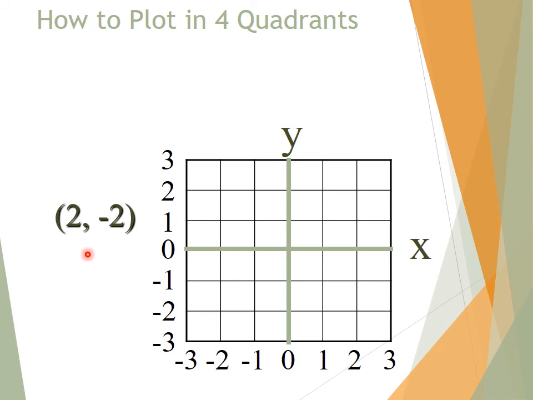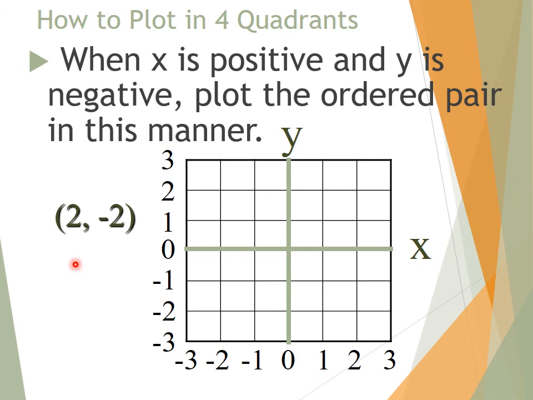Let's plot 2, -2. So when the x is positive and y is negative, plot the ordered pair in this manner. The x coordinate is positive, so we'll go along the x-axis in the positive direction. This is the origin. Let's move twice. 1, 2.